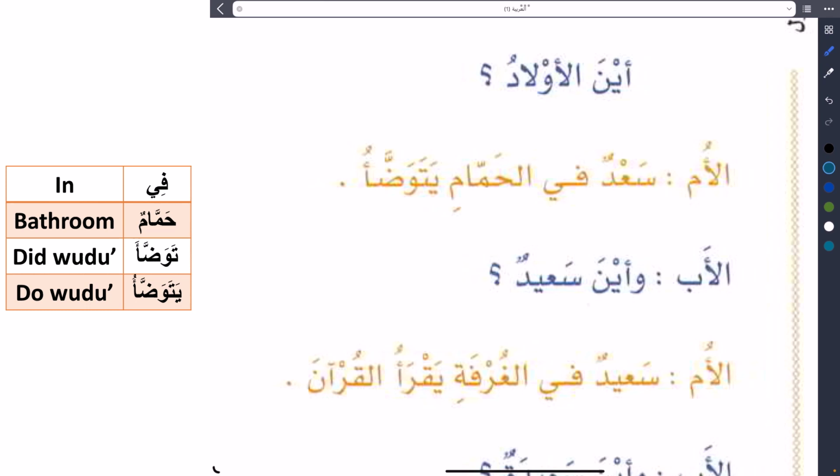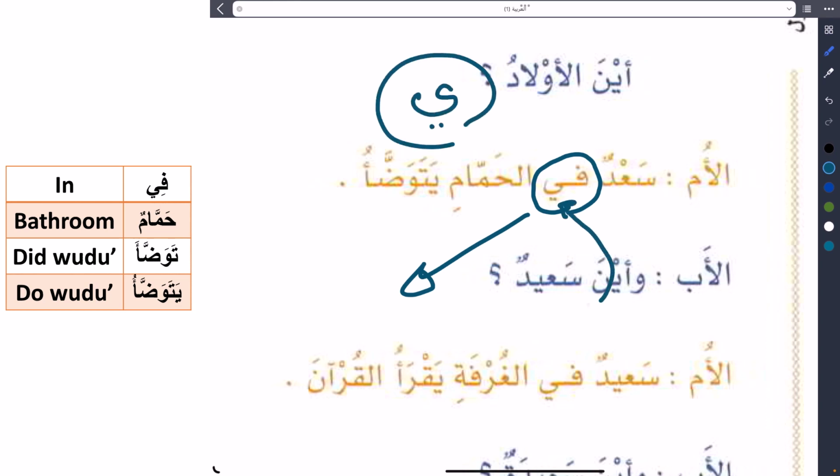Before everything, you need to know something about fi. The first thing you need to know about fi is that the last letter is ya, and this ya is considered a vowel, and we stretch it while reading. I think you know that. You know how to read Arabic.